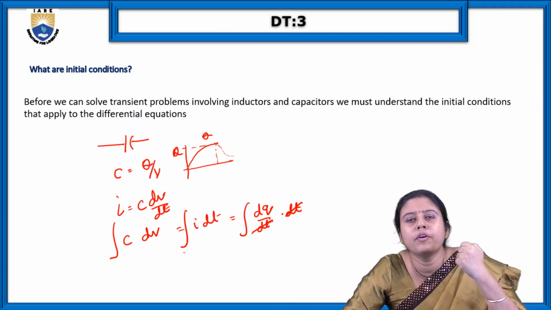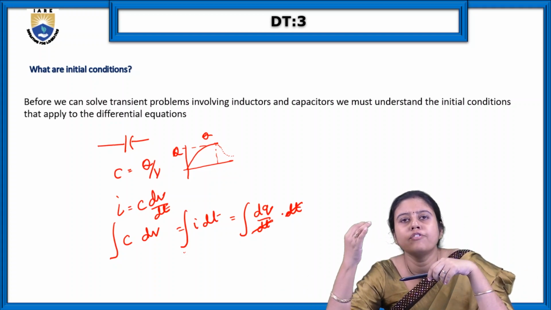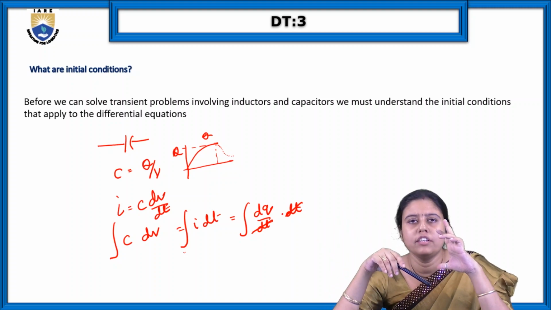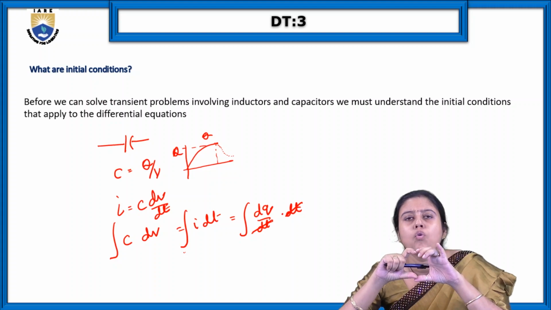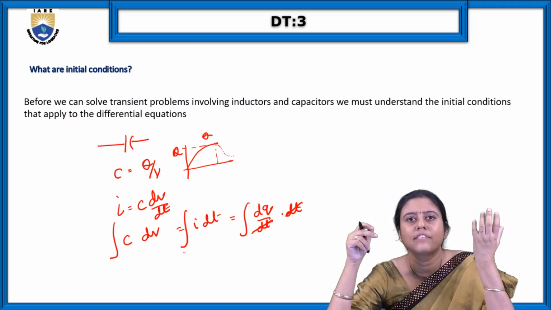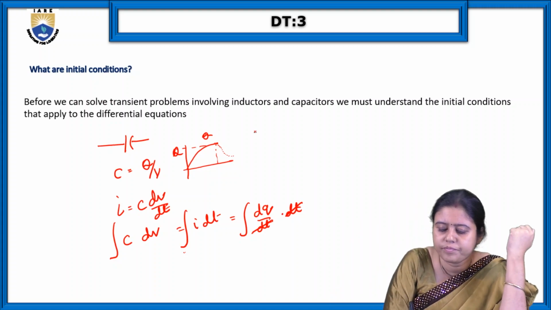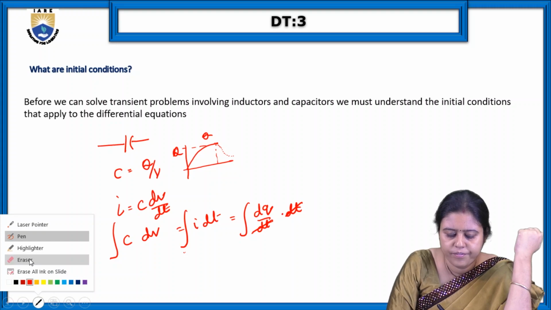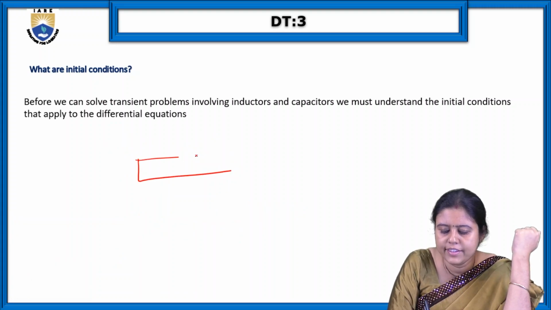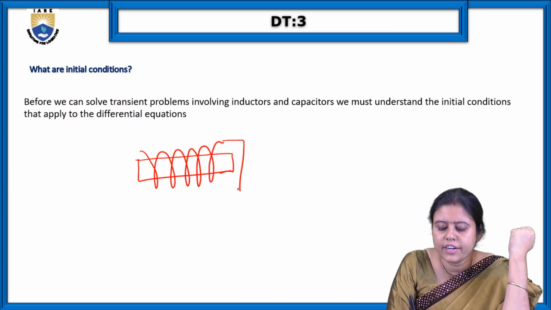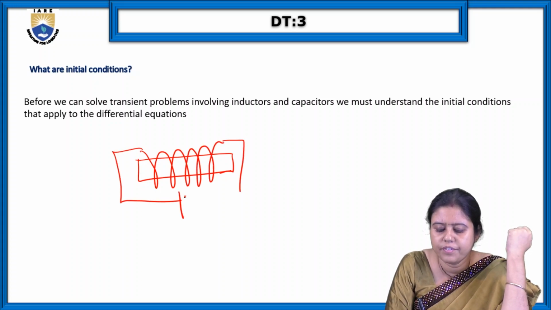We are taking one more example. This is an example of an inductor. We have a solenoid. What is the meaning of solenoid? Say we have a rectangular slab or cuboid slab of iron like this, and we are giving the connection to this.